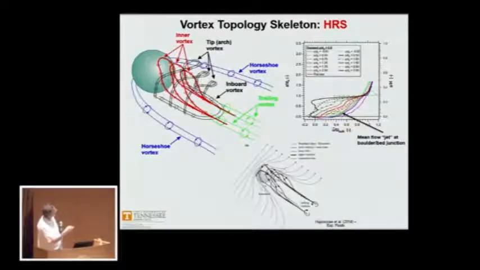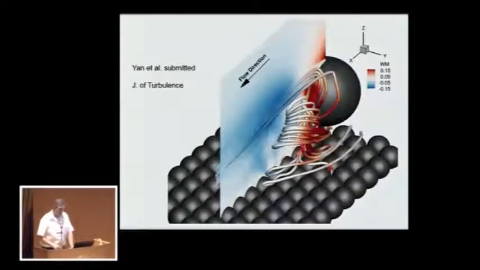And then you have the trailing vortex, which we believe to be the outcome of the interaction of the inner and inboard vortices. So this is actually from an LES simulation where you can see that tornado-type vortex.